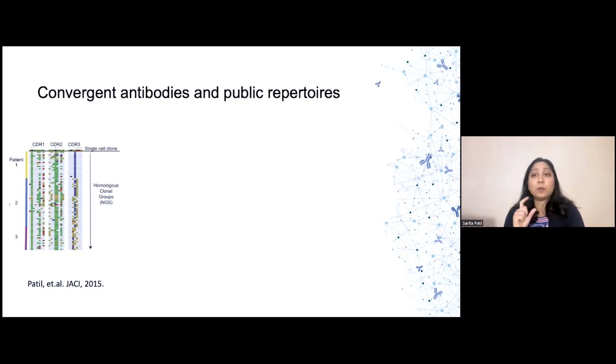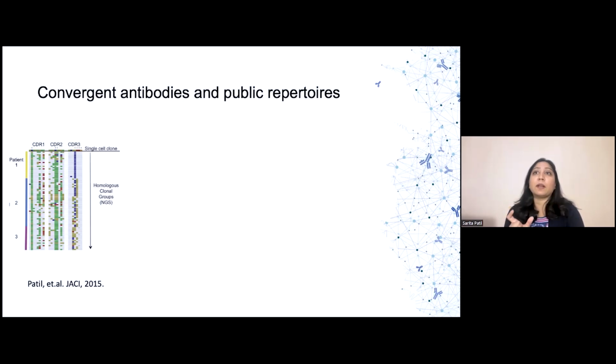Interestingly, in 2015, when we started looking at ARA-H2 specific B cell sequences, we started to notice a very interesting pattern. That is that we started to see similar stereotyped sequences across multiple patients. So those BCR sequences that shared the same rearrangement of their variable and joining regions and had a highly homologous CDR3, the main region that usually recognizes antigens.